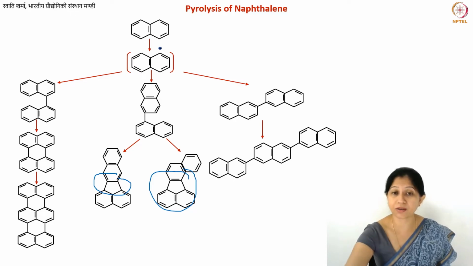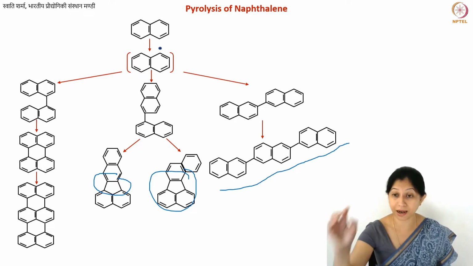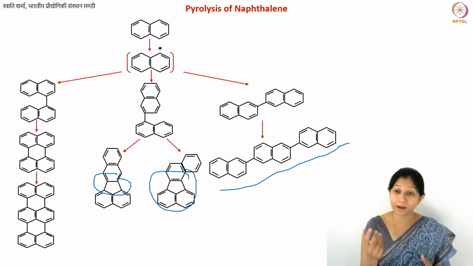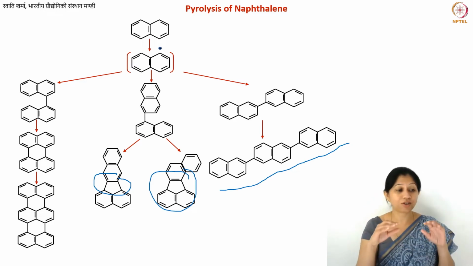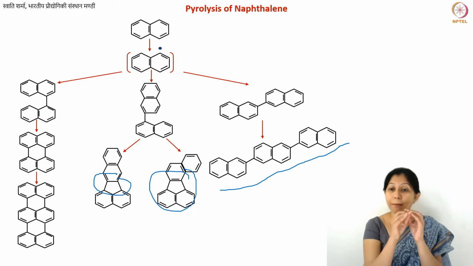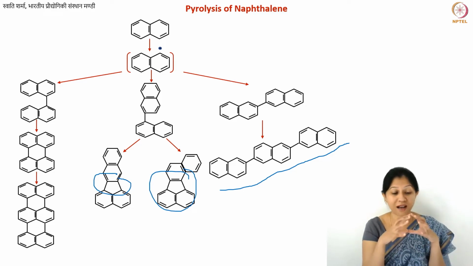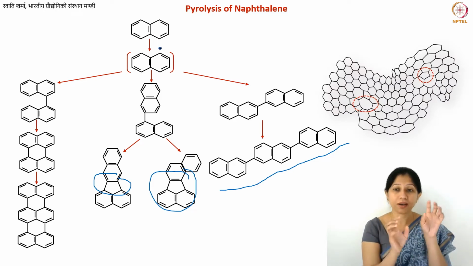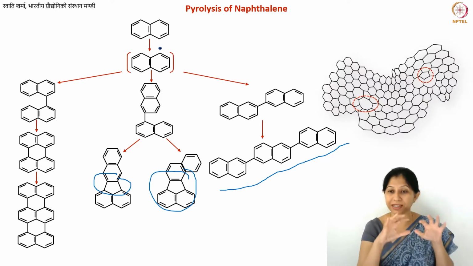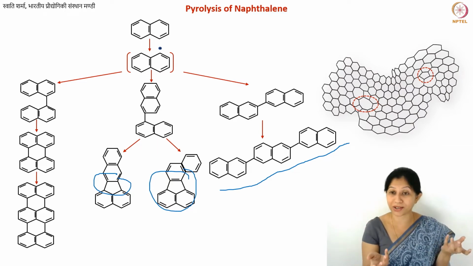Some of them are very highly planar, but some of them will contain non-6-membered rings, especially 5-membered rings. So they do have a tendency to bend. And when you have massive sheets of such structures where you have here and there 5 or 7-membered rings and there is a possible bending, what do you get? This is your curved carbon structure.